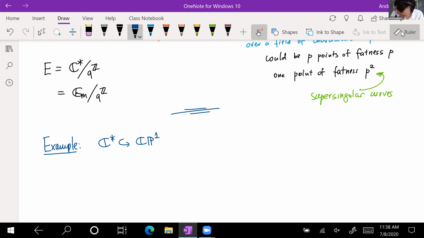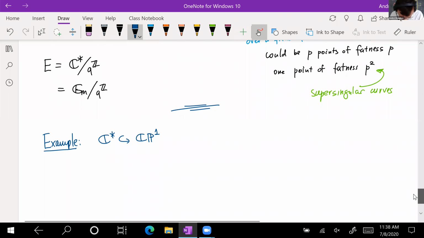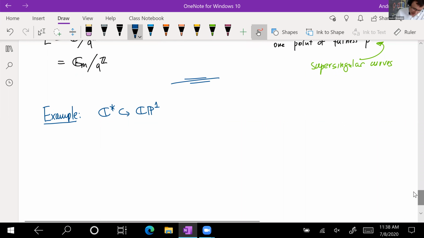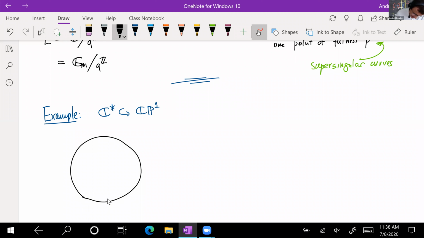We did the cohomology of a general projective space, but let's take P1. So P1 looks like this: it has the south pole, call it 0, the north pole, called infinity, and then it has this rotation action.